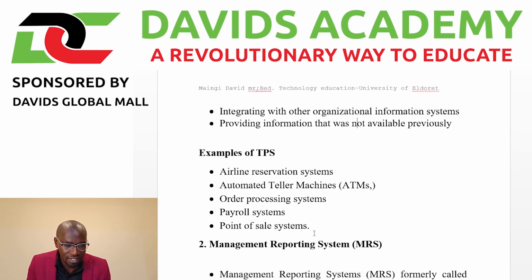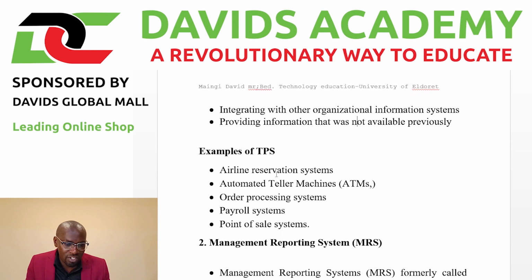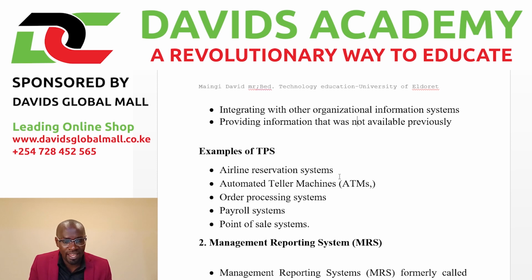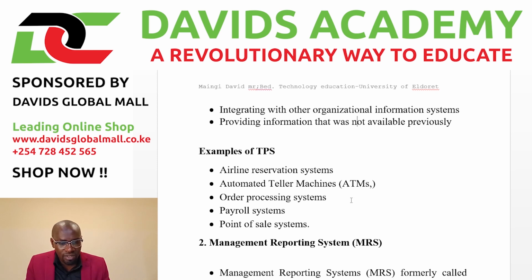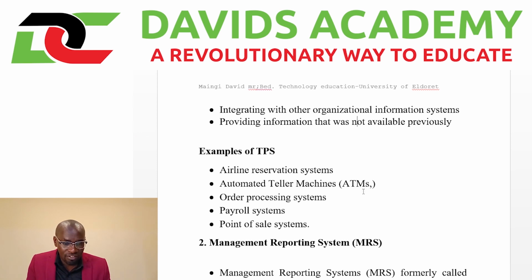Examples of TPS: number one, airline reservation systems. These are systems that are used maybe in the airports to do reservation for your airline and ticketing and all that. Automated teller machines. You all know about ATMs. Although today, with the introduction of mobile apps, there is a lot of competition.